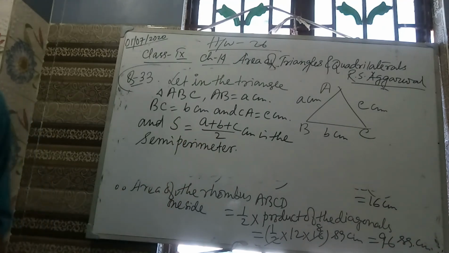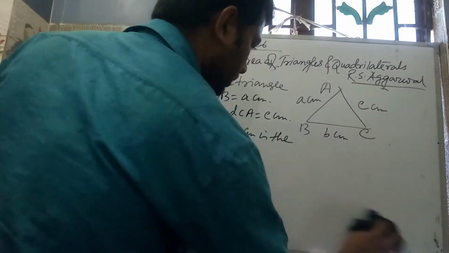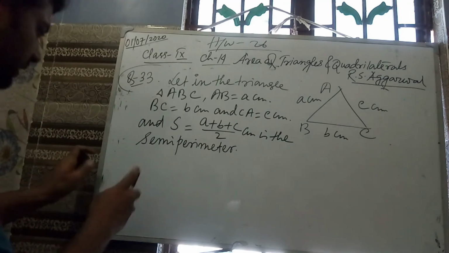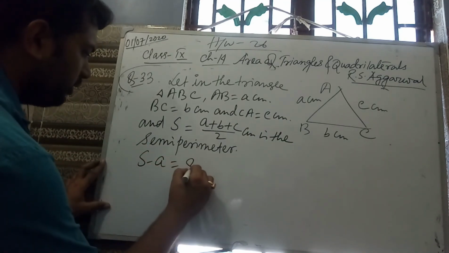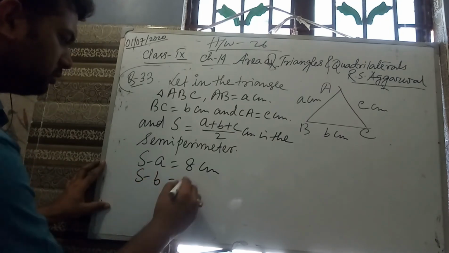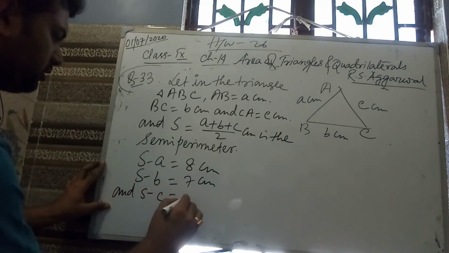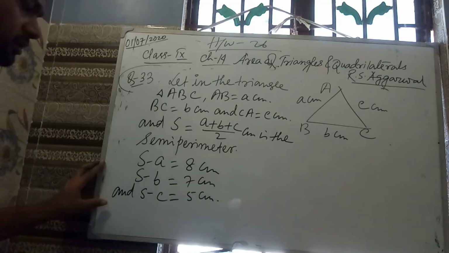Okay. So what is given? The difference between the semi-perimeter and the sides of a triangle are 8, 7 and 5 respectively. That means s minus a equal to 8 centimeter, s minus b equal to 7 centimeter, and s minus c equal to 5 centimeter respectively.